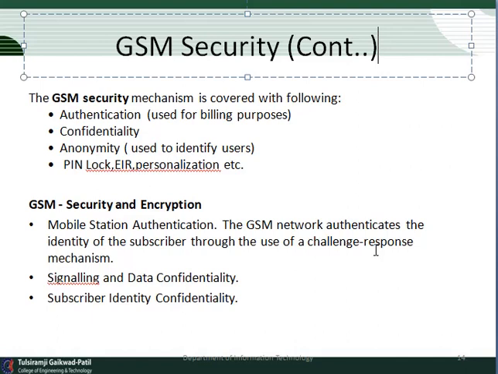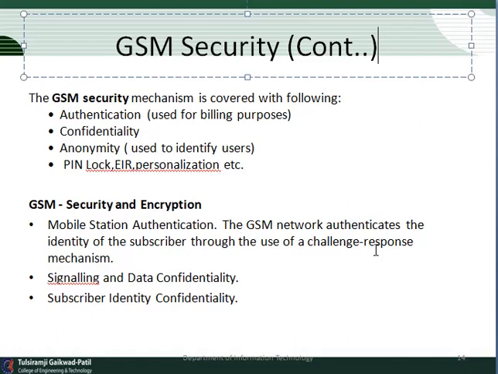After that, subscriber identity confidentiality. For example, when you use a SIM card, that is a subscriber identity module, the SIM card is your identity, showing that this number belongs to that particular person. If we receive a call from an unknown number, we check it on Truecaller. What services does Truecaller provide us?